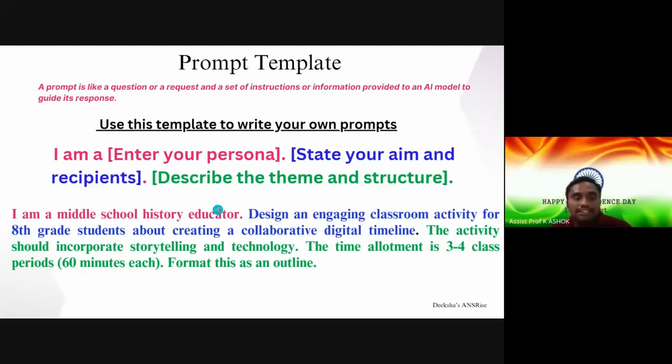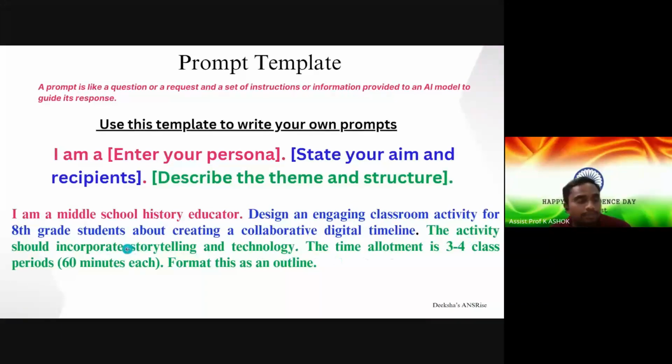The educator is going to address an 8th grade classroom. The target audience is fixed here: 8th grade students. The aim is an engaging classroom activity using a collaborative digital timeline, on a particular topic maybe.